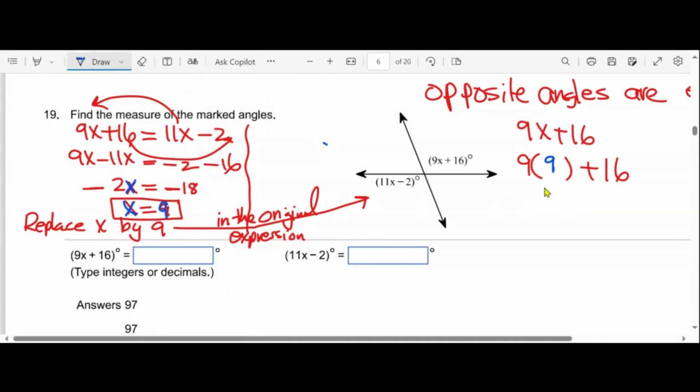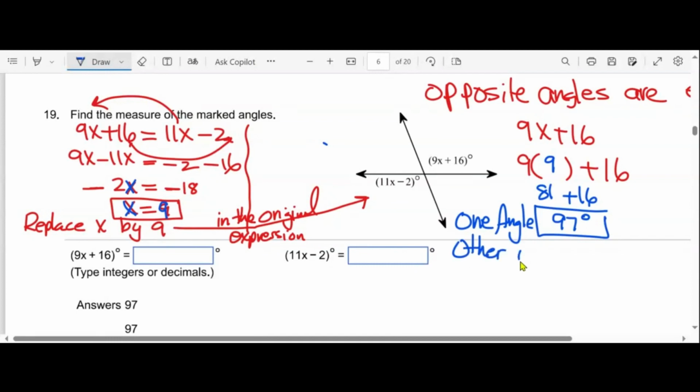So you put 9 here. 9 times 9 plus 16 is 97. That's 97 degrees. If one angle is 97, the other is 97. It has to be 97. If you want to check the answer, then you check it. This one came in the test, right? Did you do it correctly? Next one.